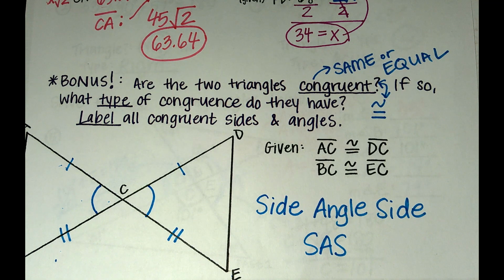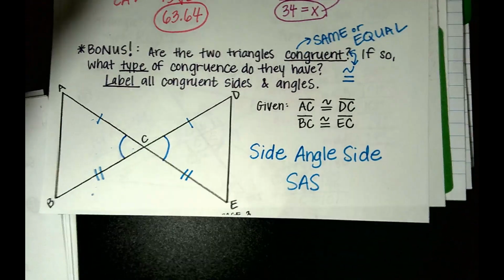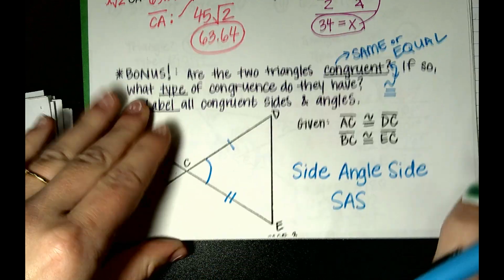Okay, so these are some other types of congruence that you might see if you're curious. So I'm going to flip my page to the back and just show it to you. And I can go back to that in a minute.